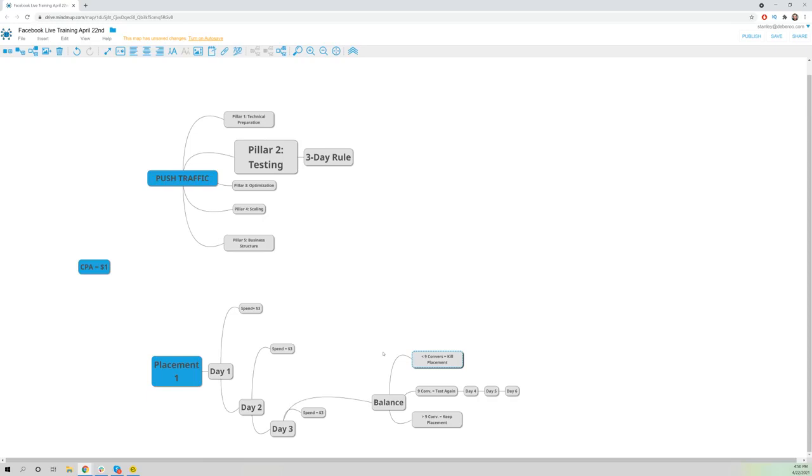I just don't have the budget to do that, because if I do that, then after 2 or 3 weeks, I have burned through all my money and I have to wait for my payout, and now my campaign is paused because I can't spend any money. That's not what we want. The 3-day rule is not here to get you bankrupted.